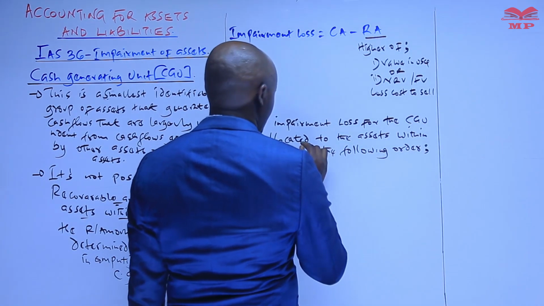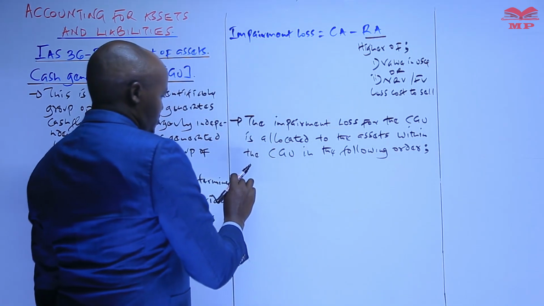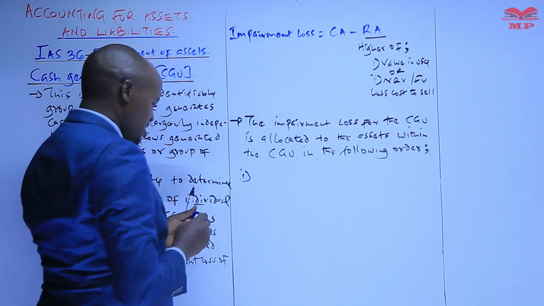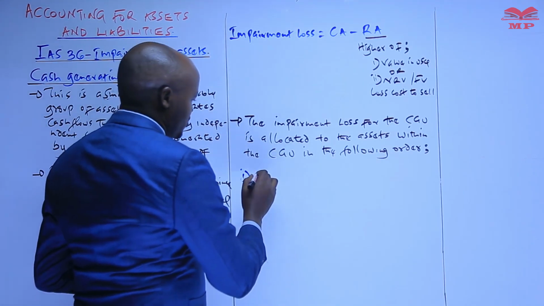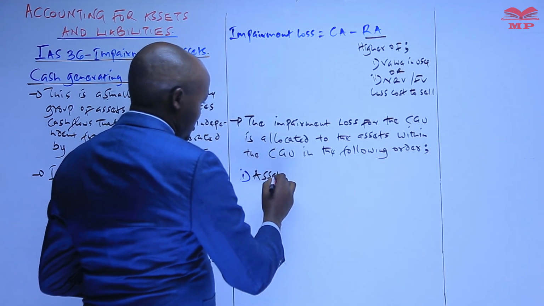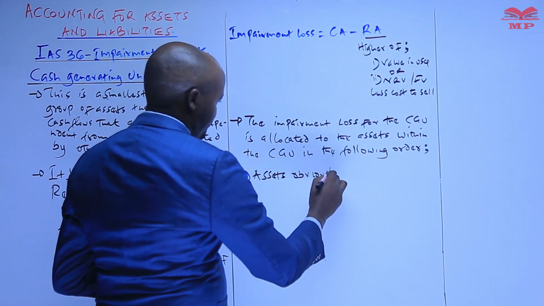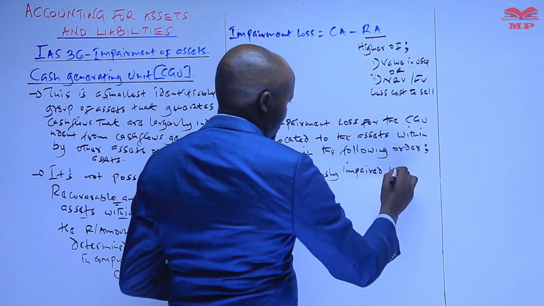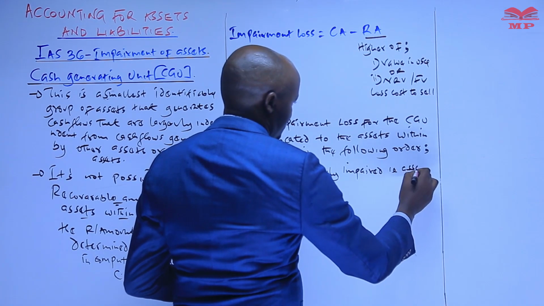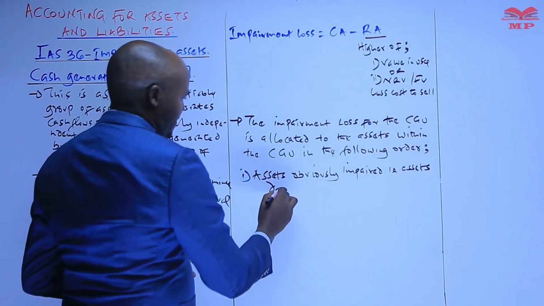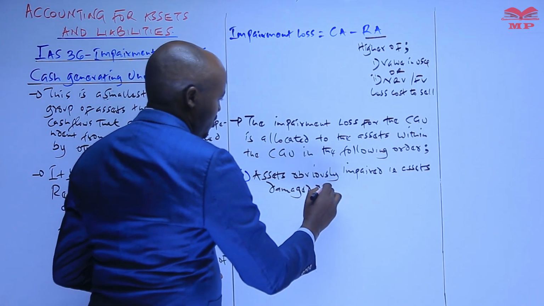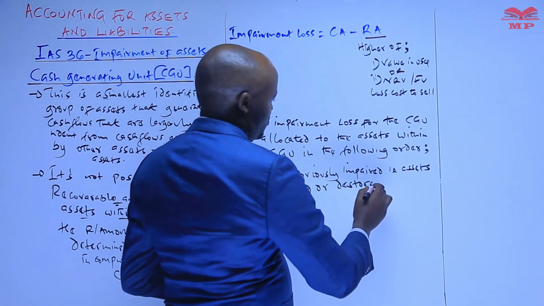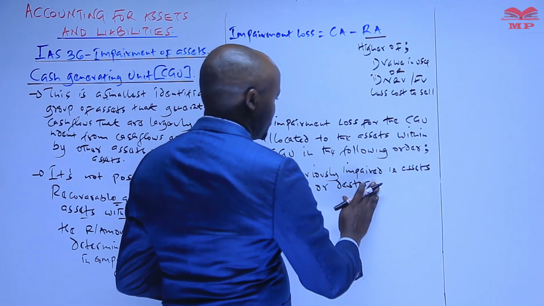So number one, we allocate to those particular assets which are obviously impaired. And when we talk about assets which are obviously impaired, these are assets which are damaged or destroyed.